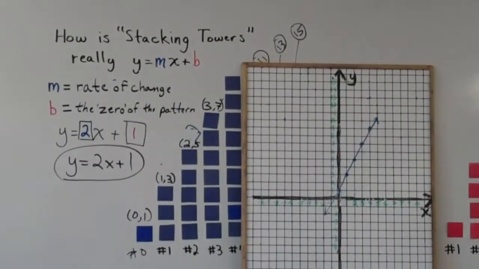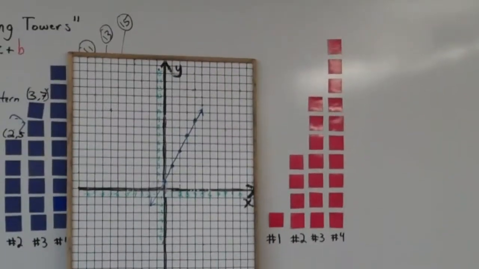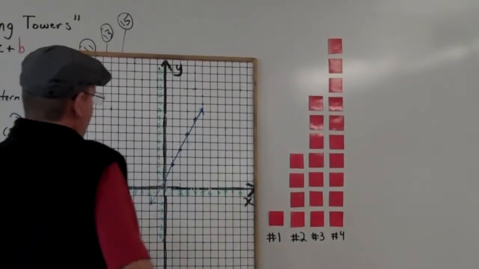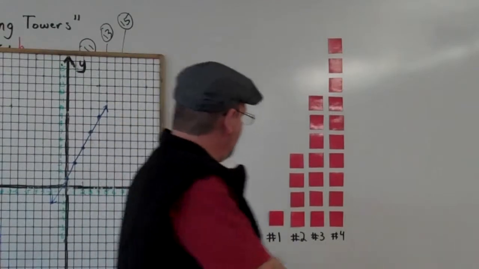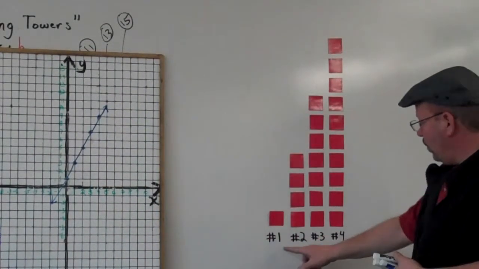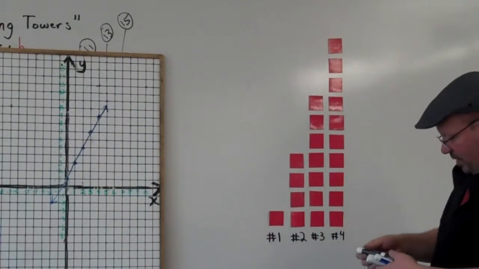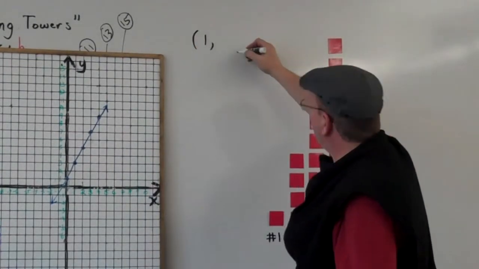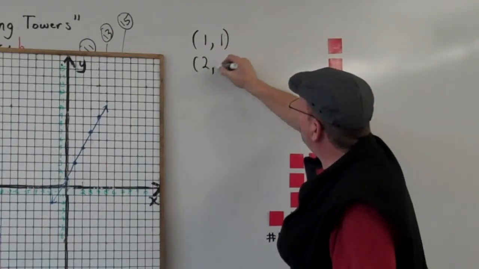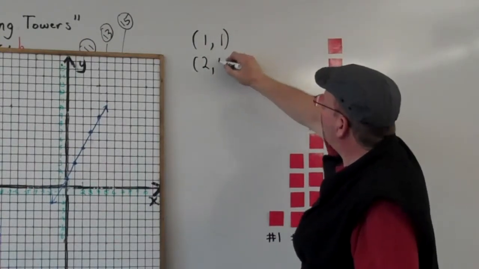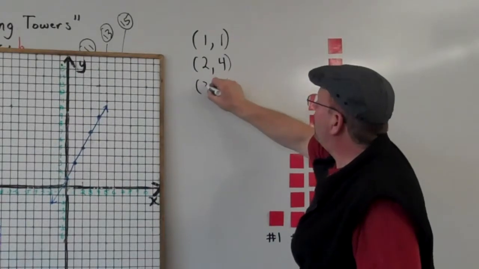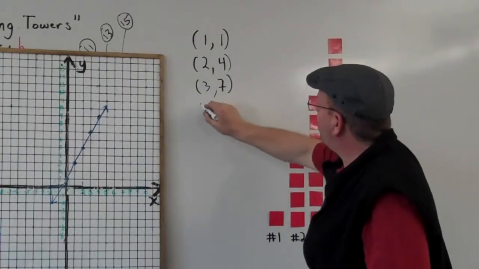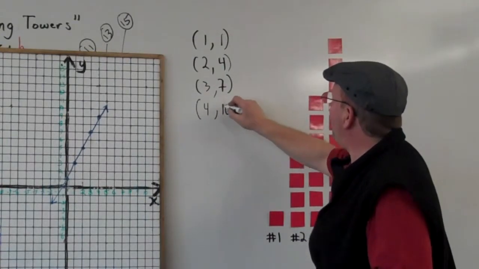Now, any pattern works that way. Take a look at the next pattern. This was another one that we did in class together. We have tower number 1, 2, 3, and 4, and tower 1 is 1 high, 2 is 4 high, 3 is 7 high, and 4 is 10 high.